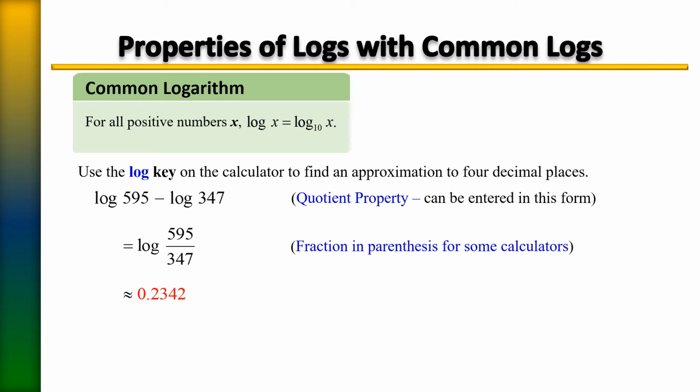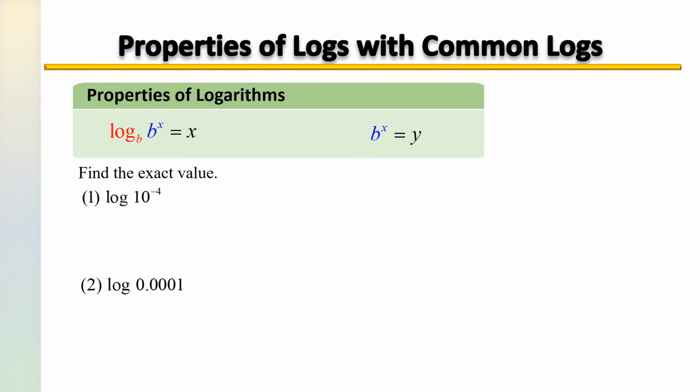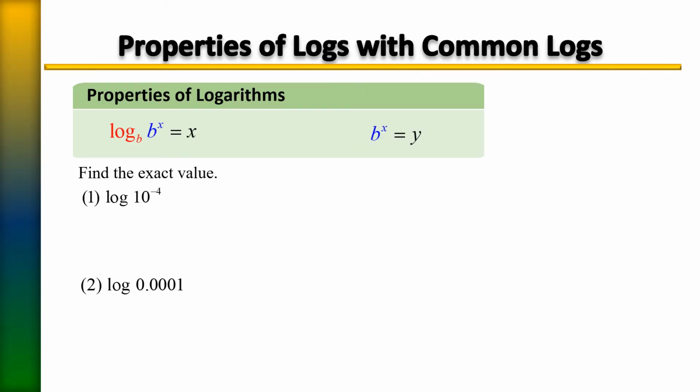All right, so here we're asked to find the exact value of these common logs, and actually you can just use some of what you know about the properties of logs to get the answer to both of these. So with the first one, remember, when you don't see a base, understand it to have a base of 10, and whenever the base is the same as the argument part, then it is always going to equal what that exponent is.